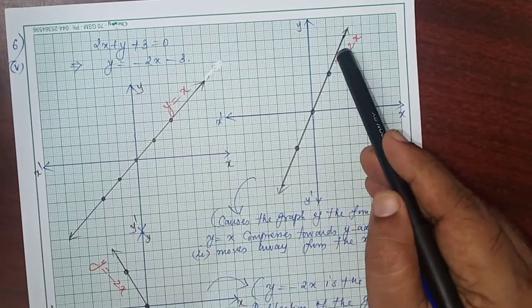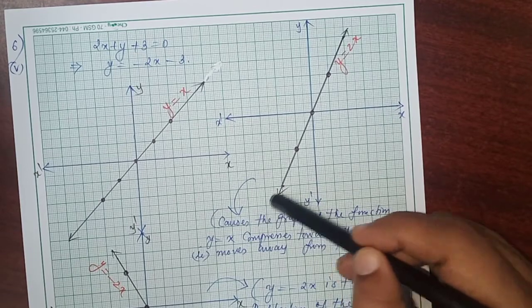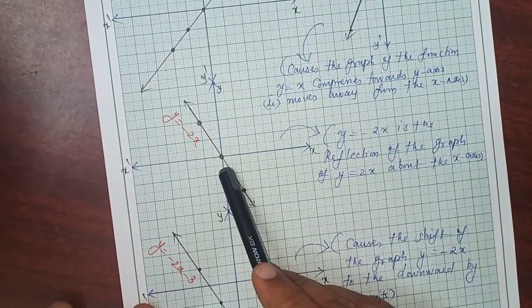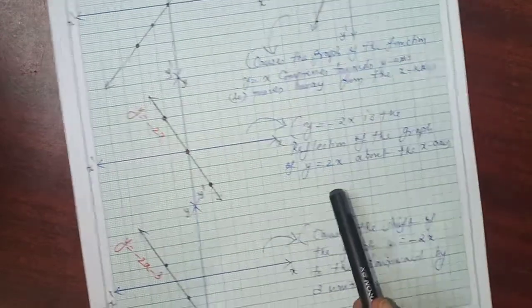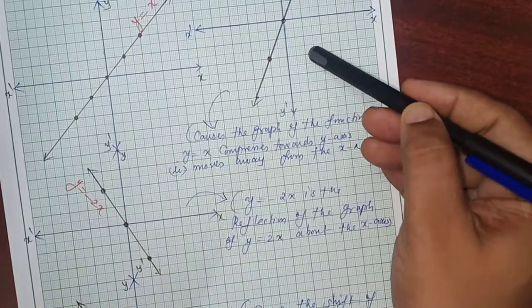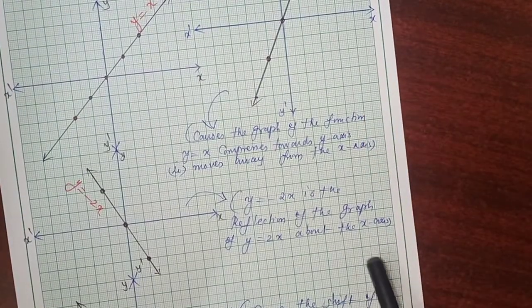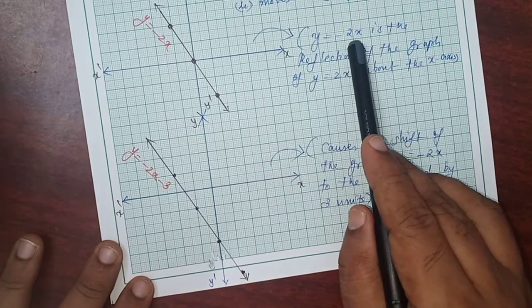One passes through the origin and lies in first quadrant and third quadrant. Here it also passes through the origin but lies in second quadrant and fourth quadrant. So this graph y equal to minus 2x is the reflection of that graph about the x-axis.